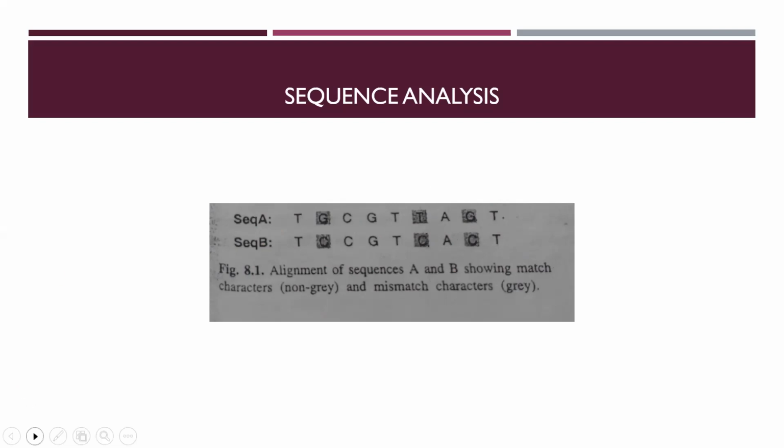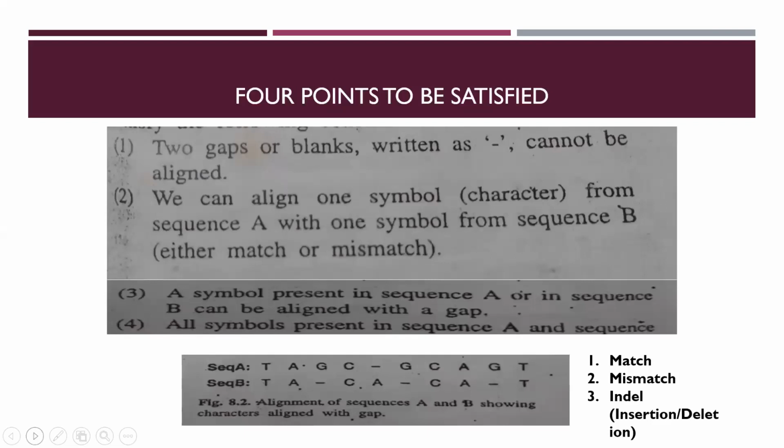Moving on further. Whenever we do the alignment of two sequences, there are 4 points that need to be satisfied. What are those 4 points? One more point to understand here. In the previous picture, where I had shown the alignment of two sequences, there were no gaps introduced.